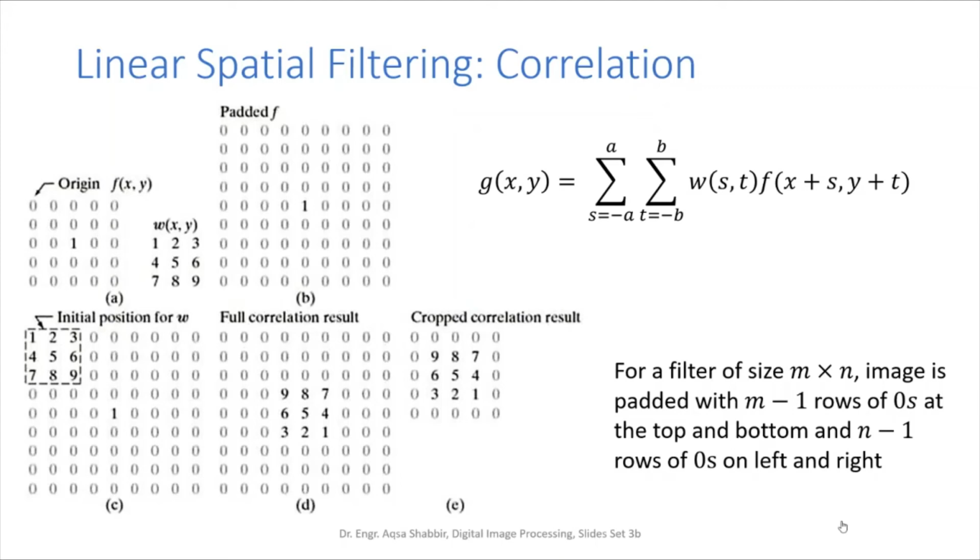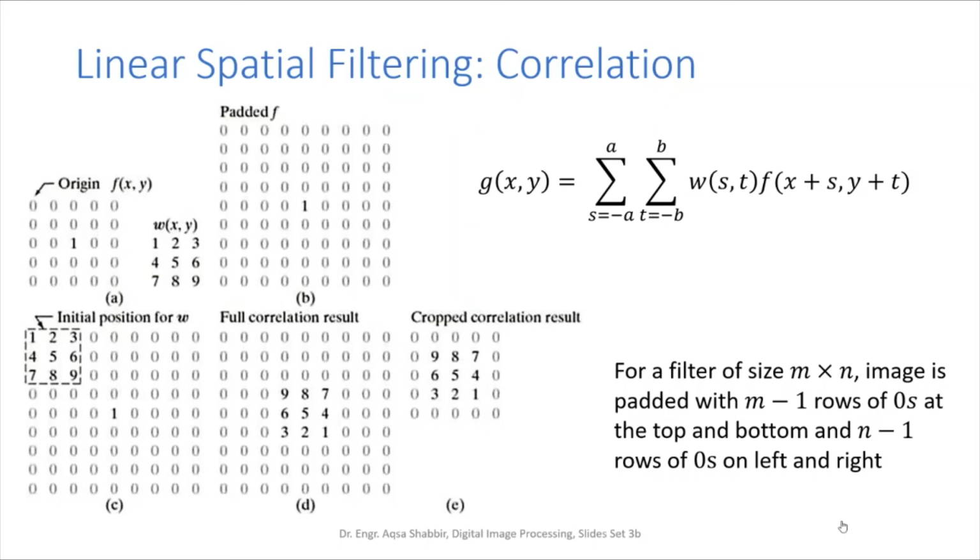In this case, m and n are equal to 3, so we pad f with 2 rows of zeros above and below and 2 columns of zeros to the left and right, as is shown here in part B.